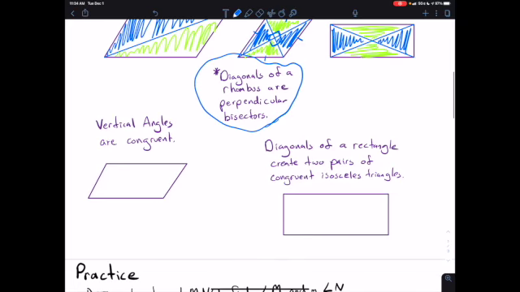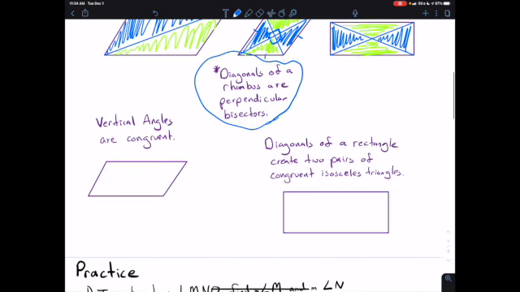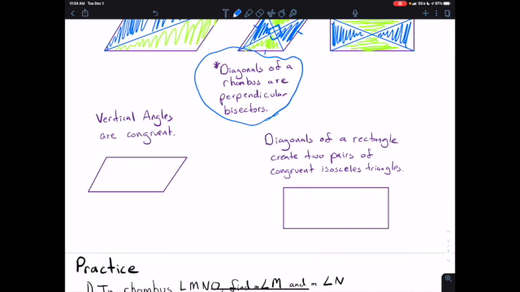Then specifically, we can talk about vertical angles. If we separate these with a line, this angle is congruent to that angle, and that angle up there and this angle on the bottom are congruent. Those are vertical angles, the angles on the opposite side of the transversal, if you will.